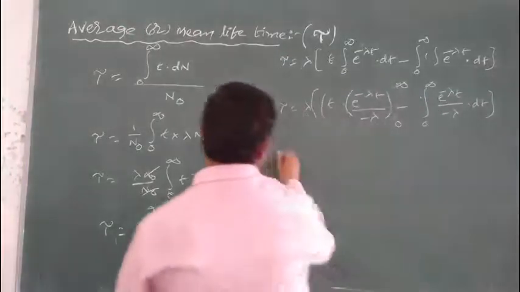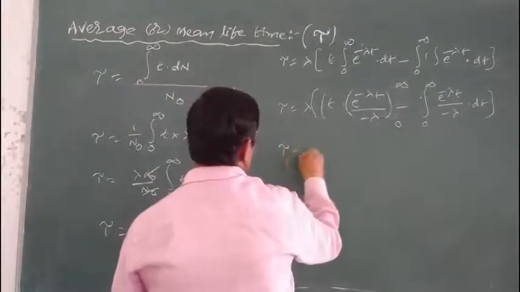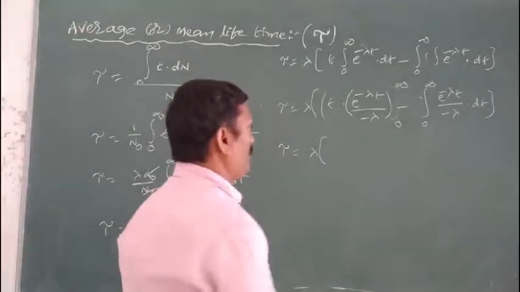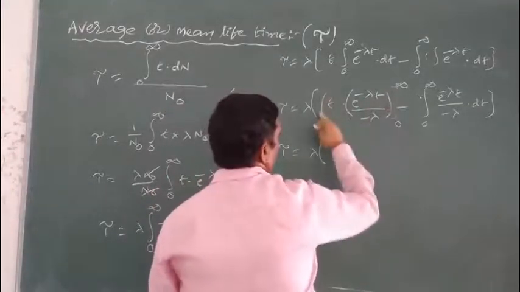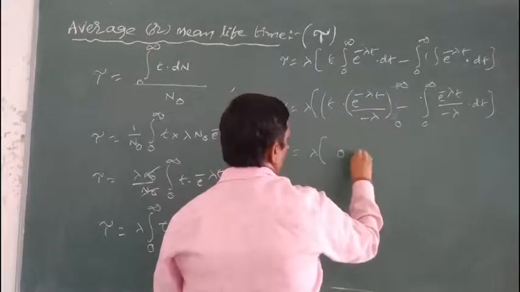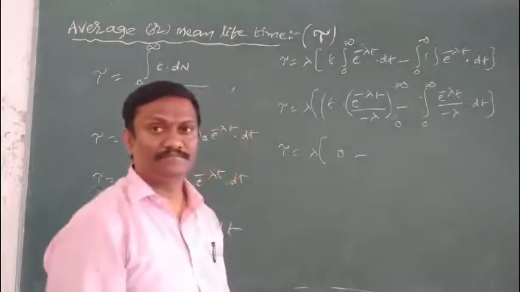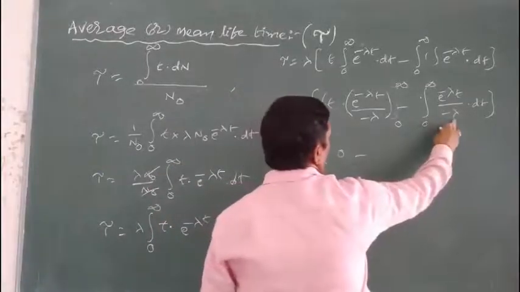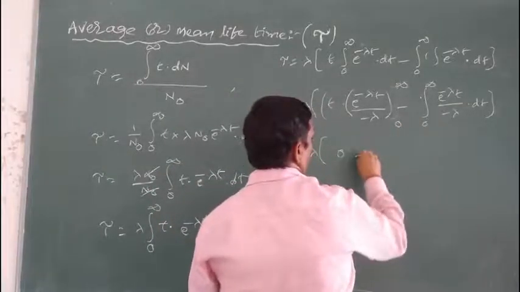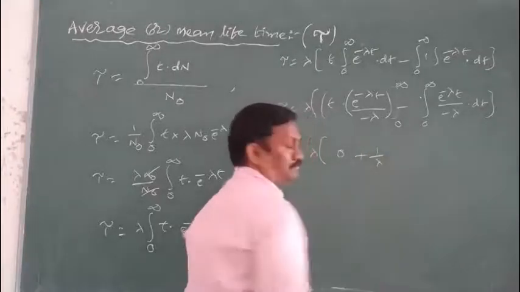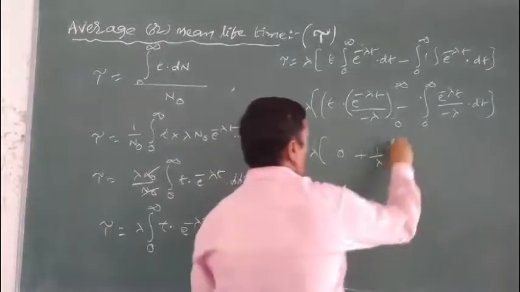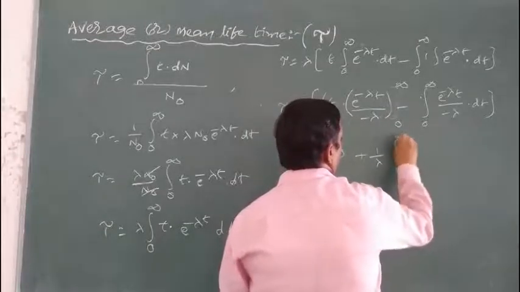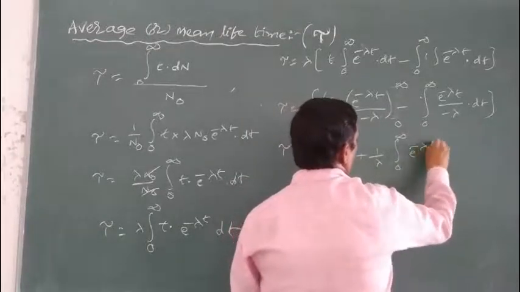So tau is equal to lambda into, applying the limits, the first bracket value becomes 0. Next, the minus 1 by lambda comes outside, and minus of minus is plus, the integral from 0 to infinity of e power minus lambda t dt.